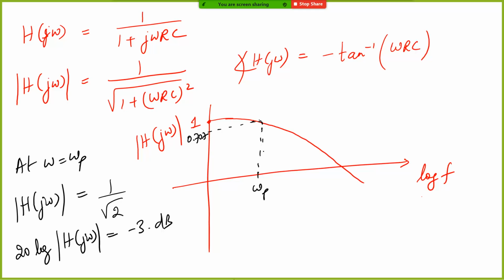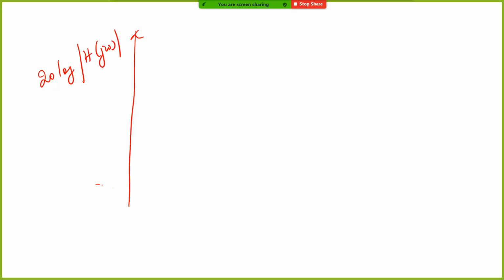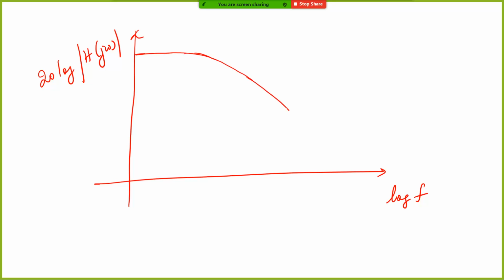If you plot this on a log axis, with 20 log of magnitude of H of j omega on one axis and log of f on the other, it starts going down like this.